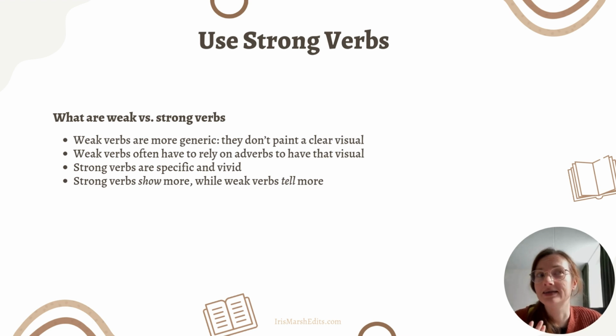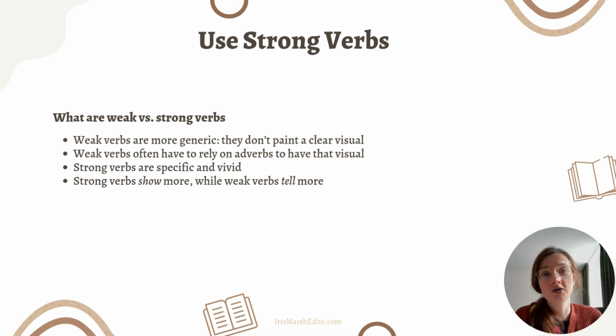They don't paint that clear visual. For instance, if you have walk, how does someone walk? Someone can walk in various ways, right? Are they walking very slowly? Are they more sneaking, or are they crawling or running or jogging? Walking is very generic. It doesn't really give us a sense of how a person is walking.